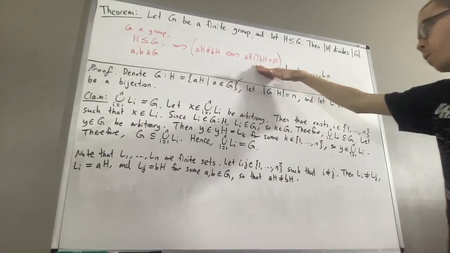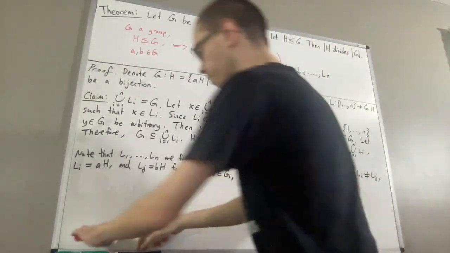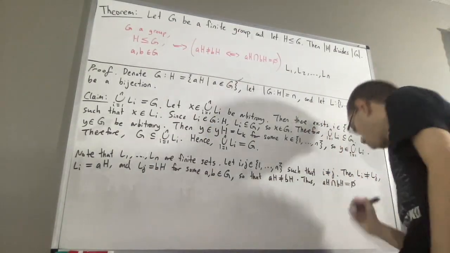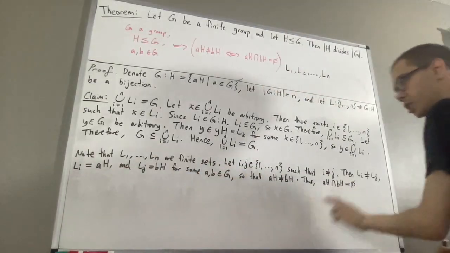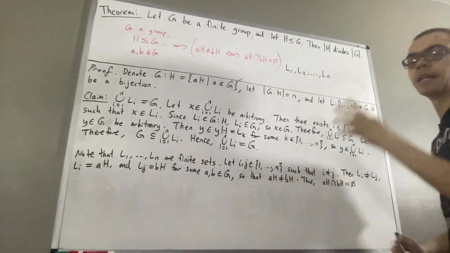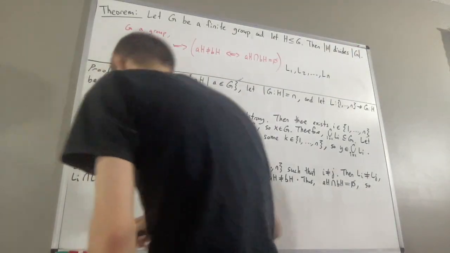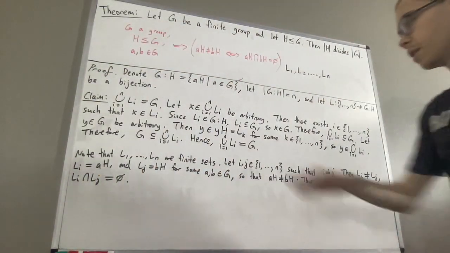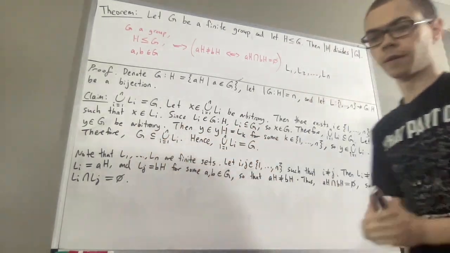So applying this in our proof, since AH and BH are distinct, they must be disjoint. Or in other words, we just substitute AH for Li, substitute BH for Lj, and we have Li and Lj are disjoint. And so we're done. We have shown that this list of sets is pairwise disjoint.